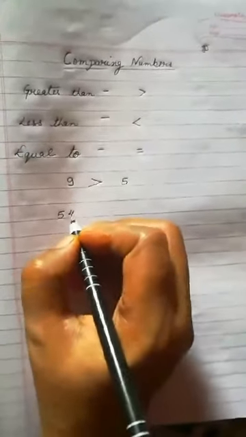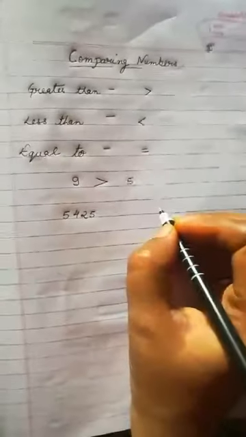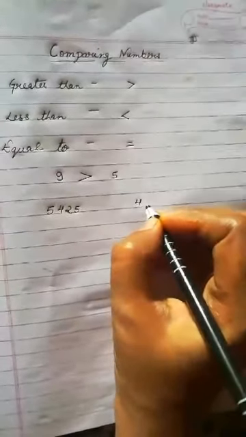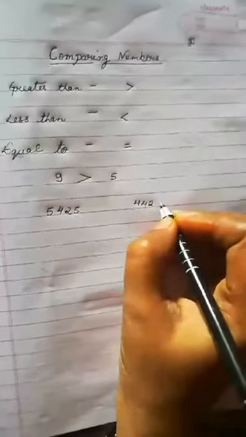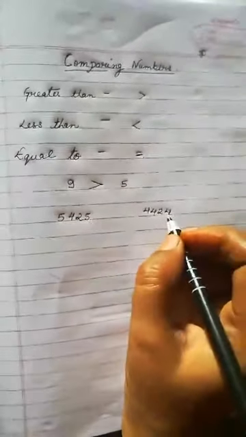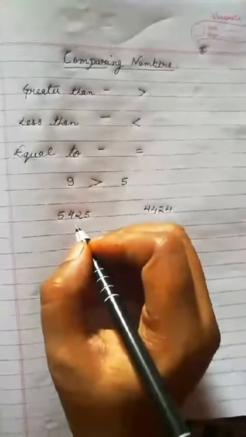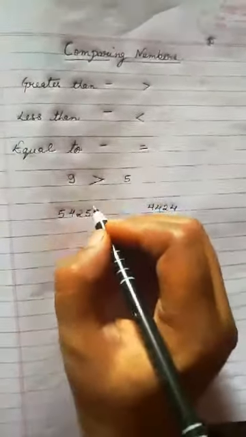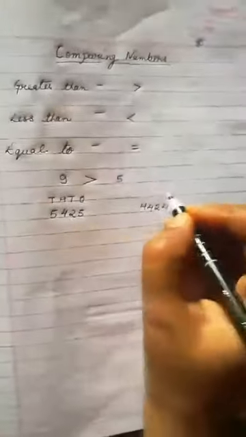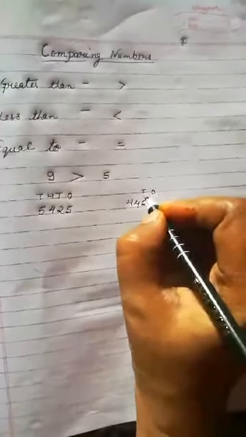For example, if we take two numbers like 5425 and 4424, we will compare these numbers from the thousands place. Ones, tens, hundreds, thousands.